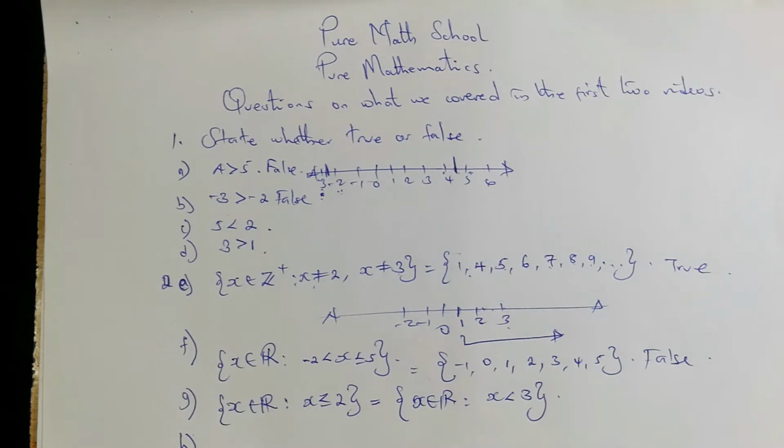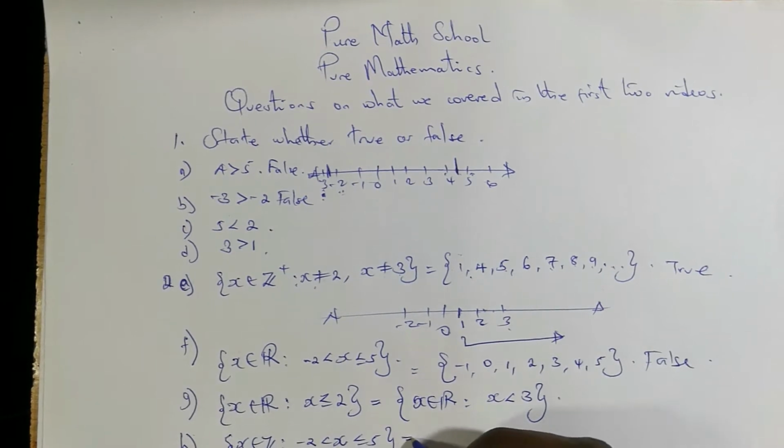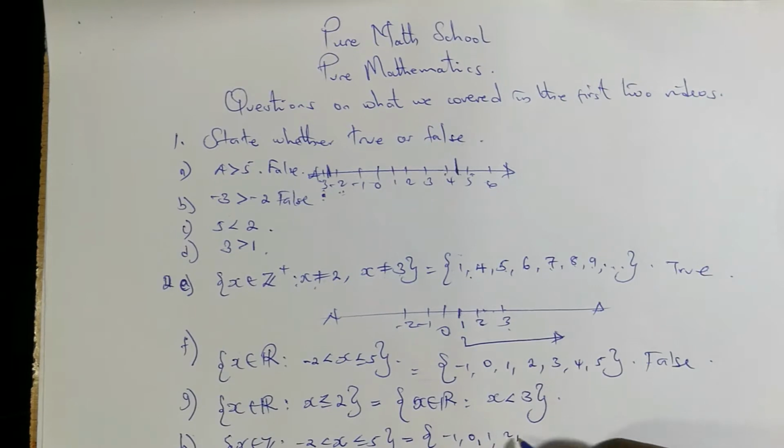Then another number I can give, let me say an integer of -2 less than x less than or equal to 5, being -1, 0, 1, 2, 3, 4, 5.